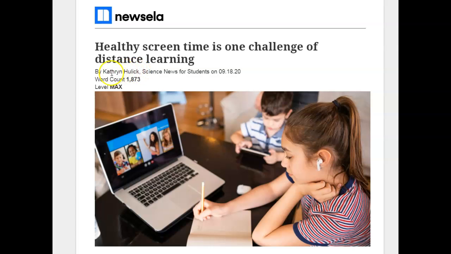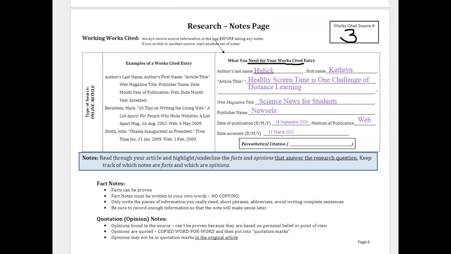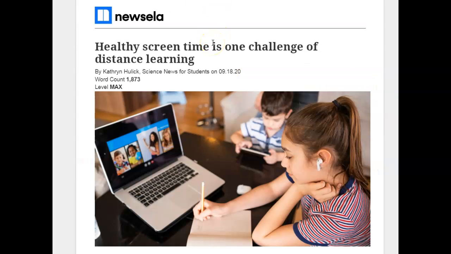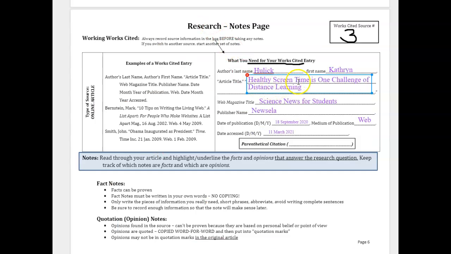There's our author on the article. It then wanted the title of the article, which was also at the top, except for when I wrote it, I made sure I capitalized the first word, the last word, and all the important words in the middle.